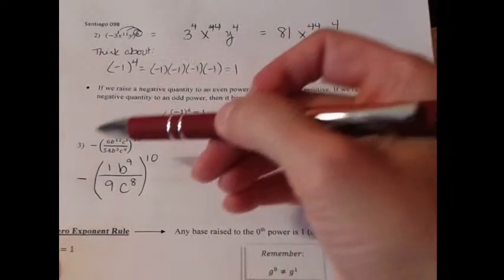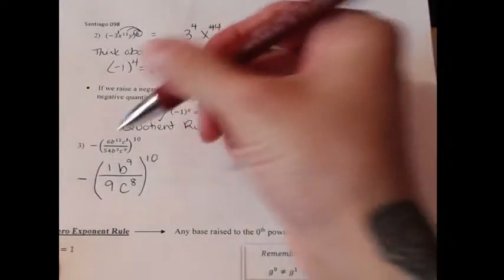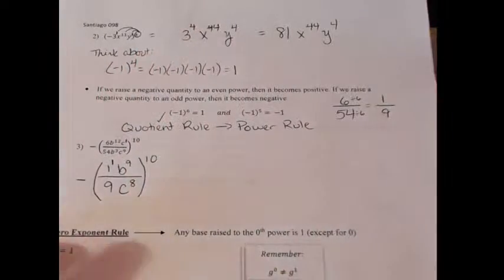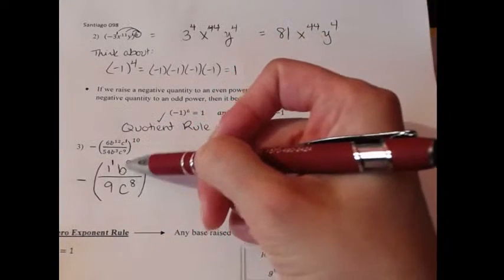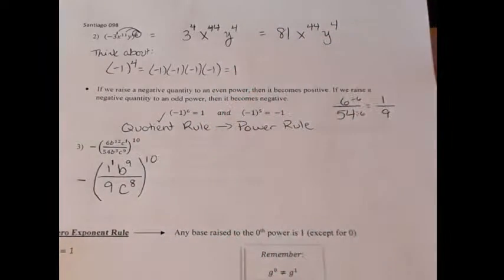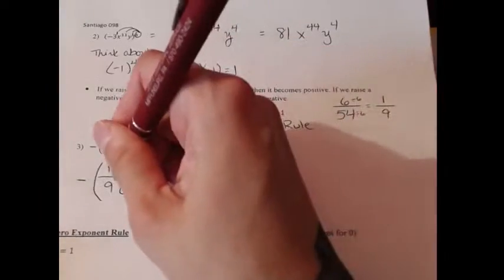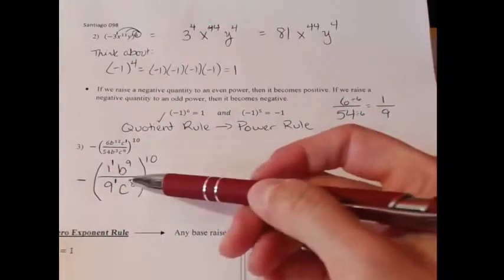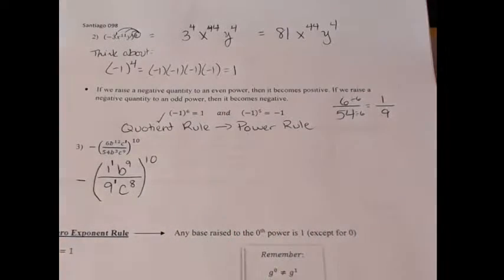Now, let's refresh our memories. This 1 is being raised to the first power, so we are in the habit of writing those 1's in. Our base b is being raised to the 9th power. Our base 9 is being raised to the first power. And our base c is being raised to the 8th power.